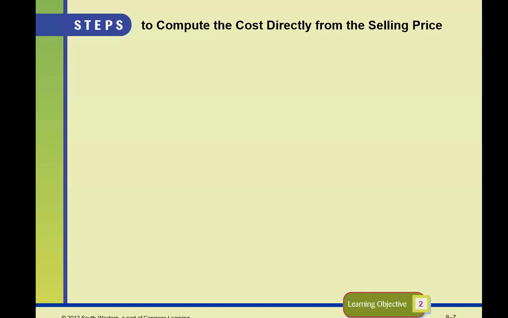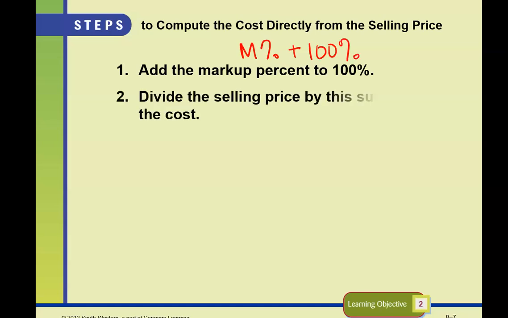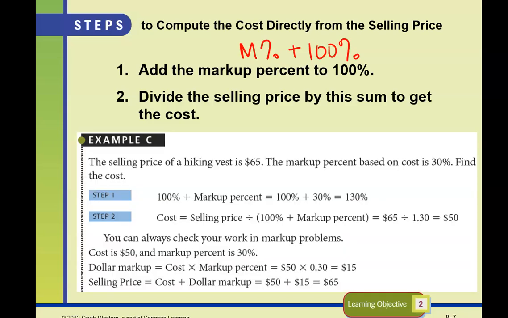In this one, we're going to compute the cost directly from the selling price. Step 1 is to add the markup percent to 100%. Step 2 is to divide the selling price by this sum to get the cost. Let's see an example of this.